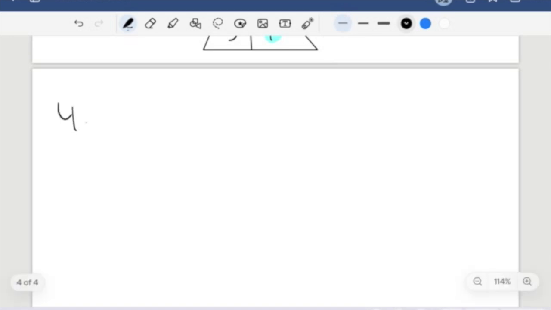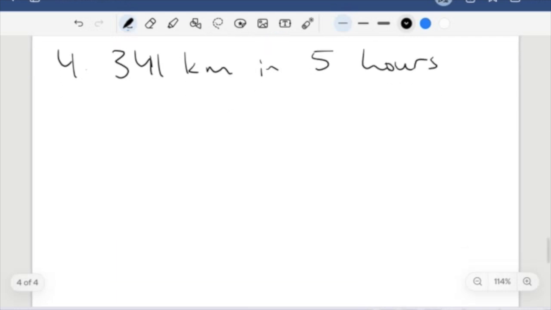We want to find the average speed of a car that travels 341 kilometers in 5 hours. So we recall that our speed equals the distance over the time.